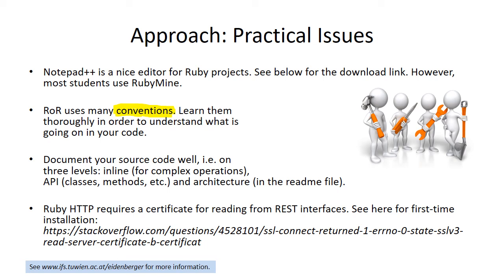You should not enforce certain behavior by implementing it line by line as you would do in other programming environments, but rather understand what the spirit of Ruby on Rails is and make use of the many predefined things. For most of the standard problems that you can have in application design, unsurprisingly, there is already a solution in Ruby on Rails. Okay, document your source code well. That means on 3 levels.